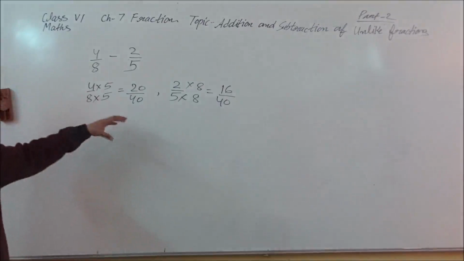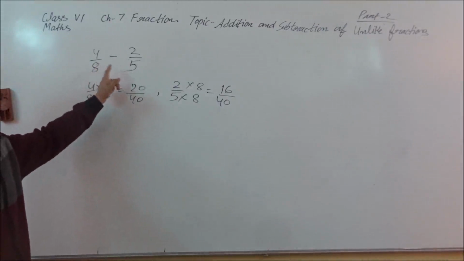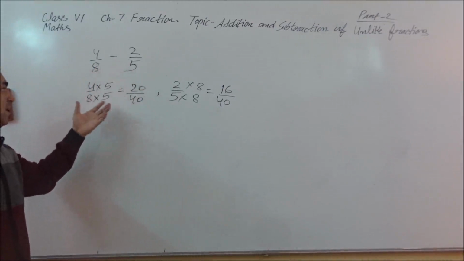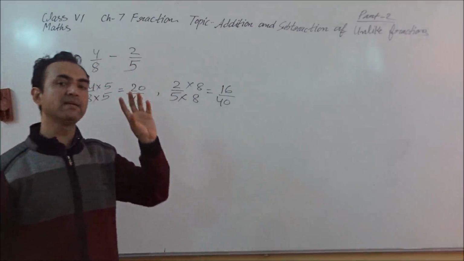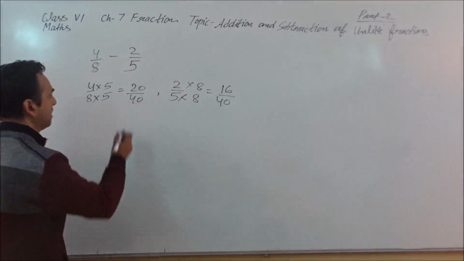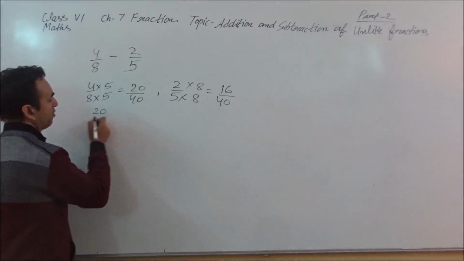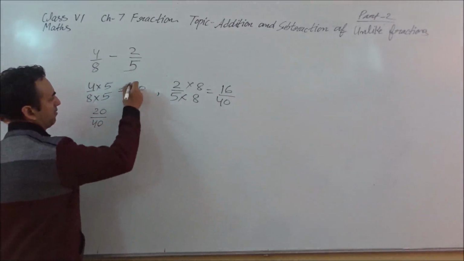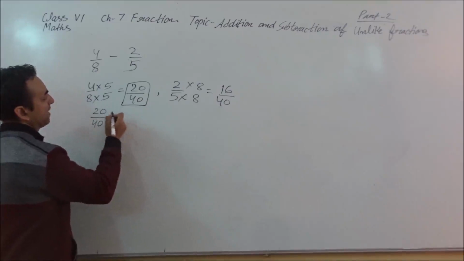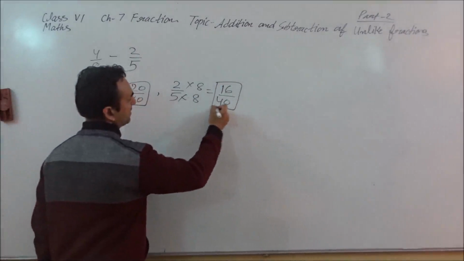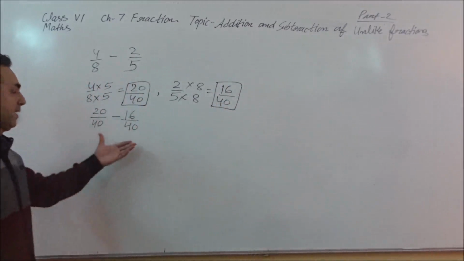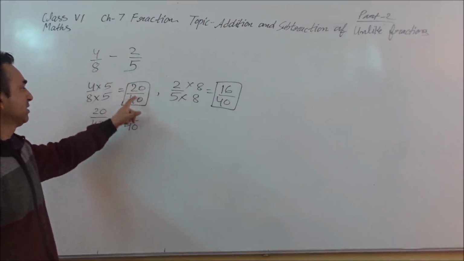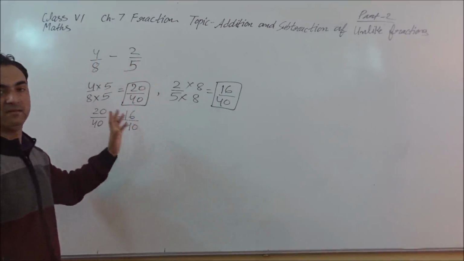So this method makes us multiply the denominators with each other, so that in both fractions the denominator becomes the same, right? So now we get 20 upon 40 minus 16 upon 40, right? Remember the order, first is first and second is second, don't change the order.